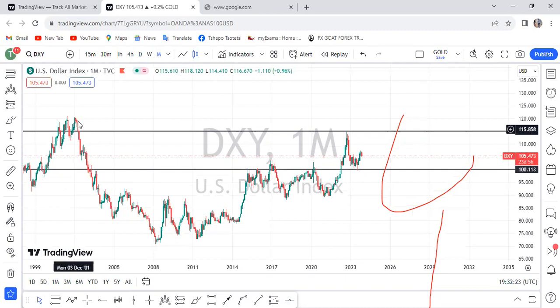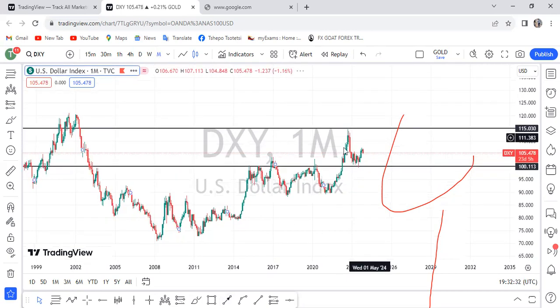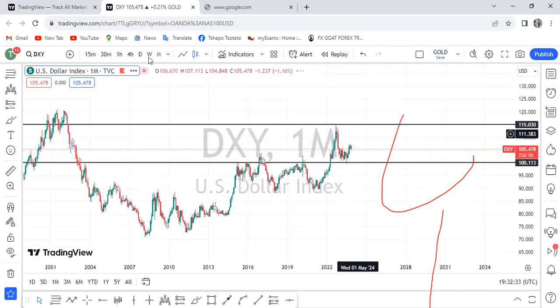So it went to this high around 2000. So there's a possibility that it might go back to this level again before it starts selling. But now I know, okay, on a bigger time frame, we are looking to push up.